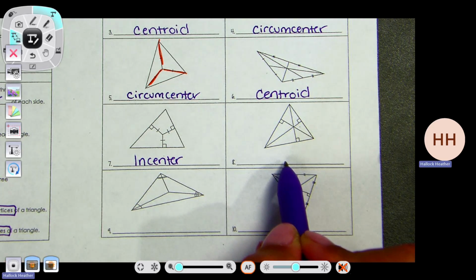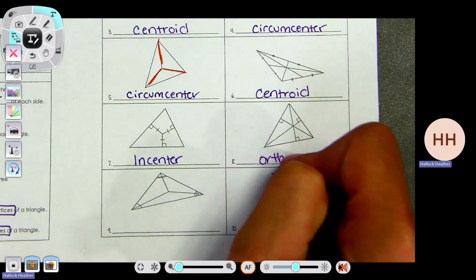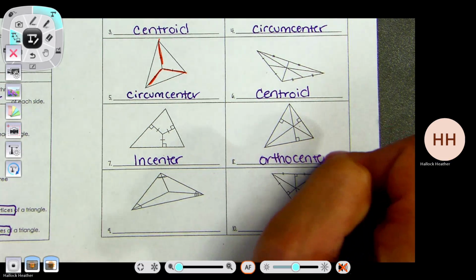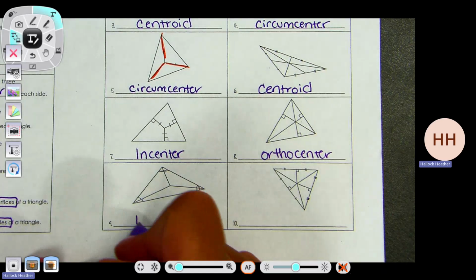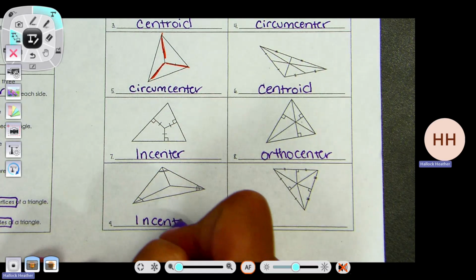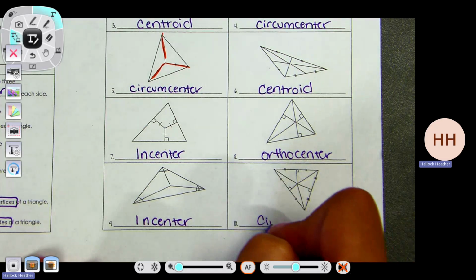What's 8? Orthocenter. The next one is angles, incenter. And last but not least, circumcenter.